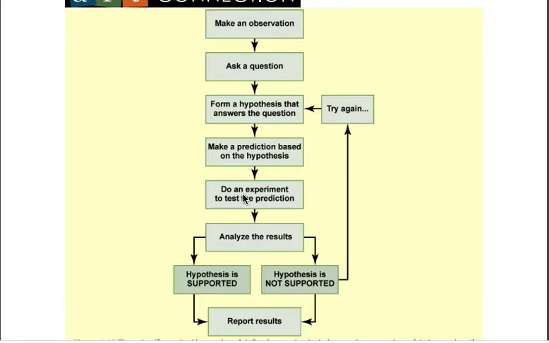And then you'll do the experiment and you'll analyze the results and you'll say, yes, it was supported by the hypothesis, and then you report that, or you say, no, it was not supported by the hypothesis. And then you go back and you form a new hypothesis and go through the testing again. So those are the general steps of the scientific method.